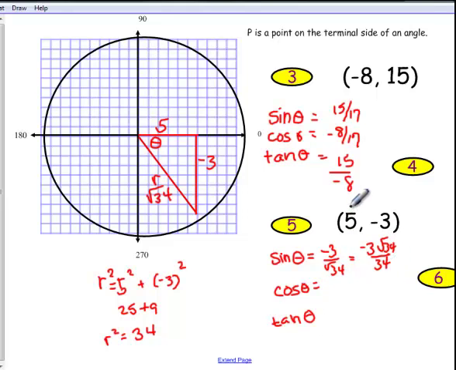Cosine, adjacent over hypotenuse. So that's 5 over radical 34. That's 5 radical 34 over 34. And now the tangent simply says take the opposite and put it over the adjacent. Oh, that one came out nice. No rationalization needed. -3/5.